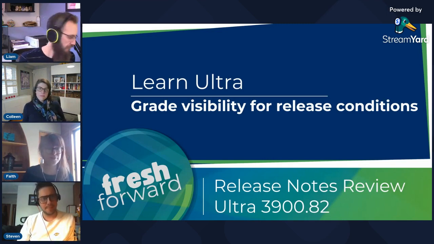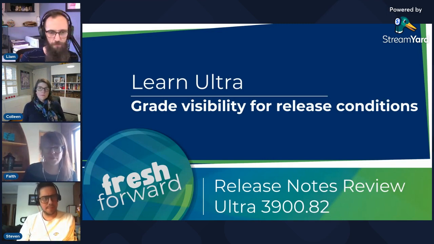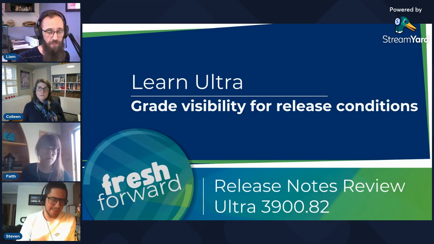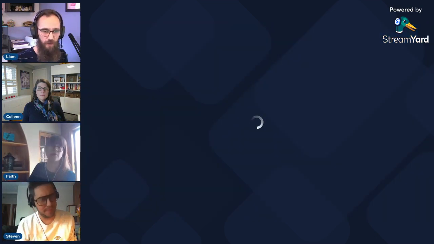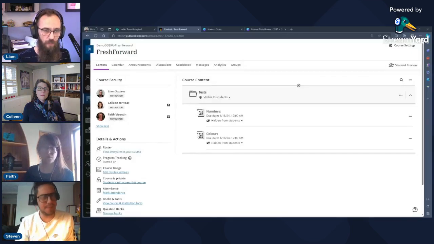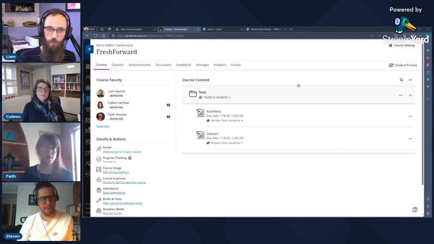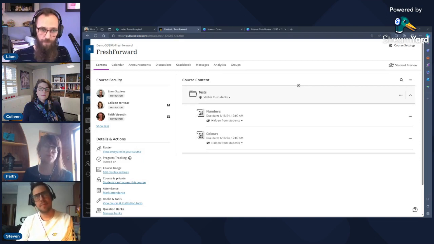Awesome. Yeah. And I think you mentioned this briefly, but just to really hammer home the point, the difference between hidden items and release conditions is that hidden items are like a hard stop, like you cannot see it. It's got a cloak of invisibility over it, whereas release conditions are a temporary sort of availability.